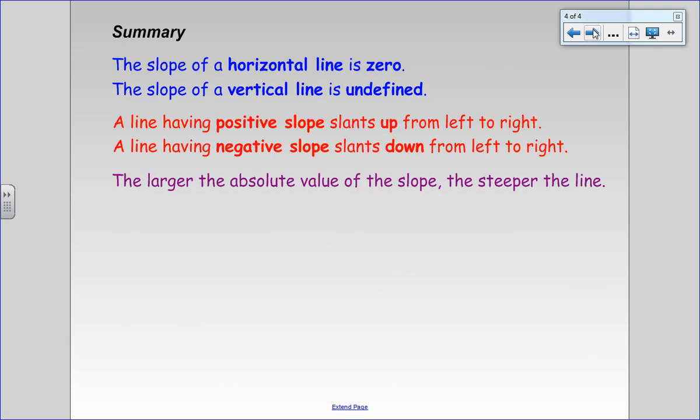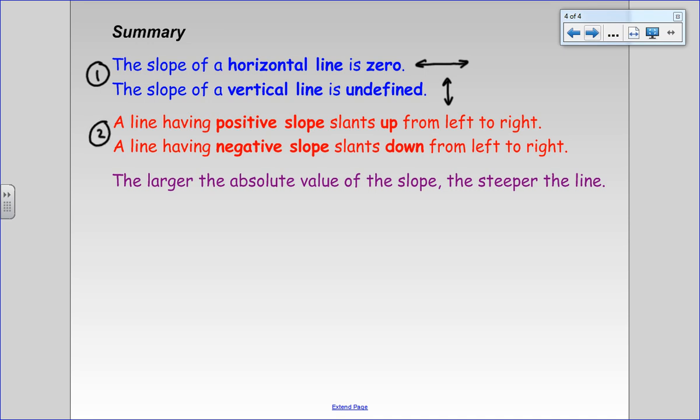Let's summarize some key facts about slope. First, we've seen that the slope of a horizontal line, which has no rise, is 0, while the slope of a vertical line, which has no run, is undefined.